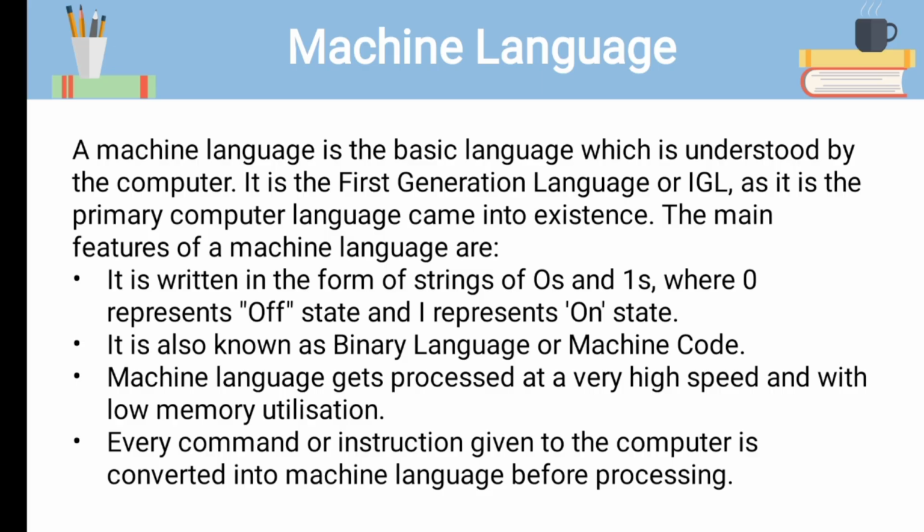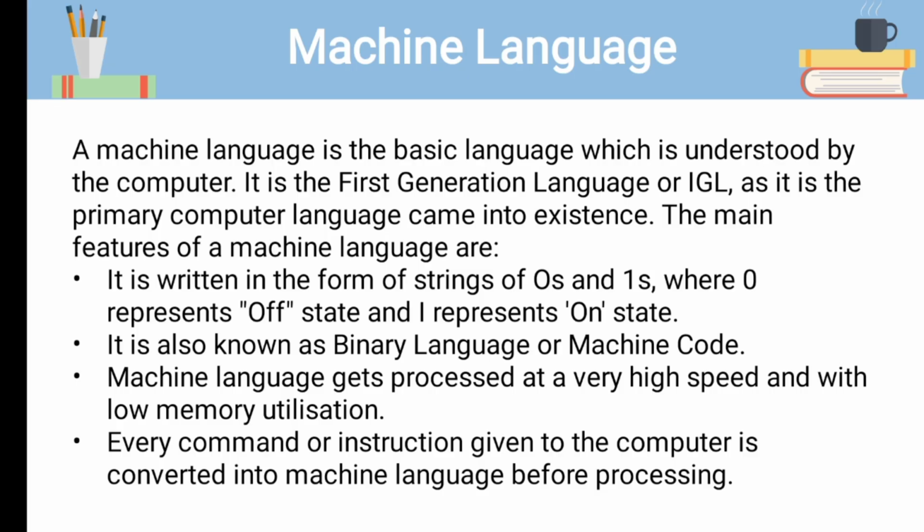Second, it is also known as binary language or machine code. Third, machine language gets processed at a very high speed with low memory utilization. And the last point is that every command or instruction given to the computer is converted into machine language before processing.